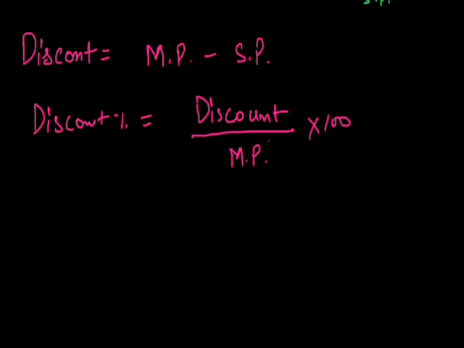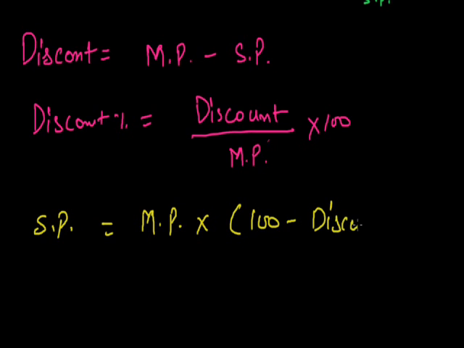Now sometimes different discounts, or we can say successive discounts, are given on the article. If you have to calculate the selling price and you are provided the mark price and the discount, we can simply calculate it by mark price into 100 minus discount, whole upon 100.